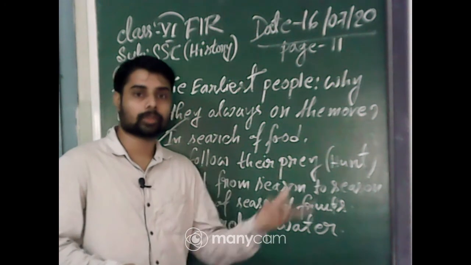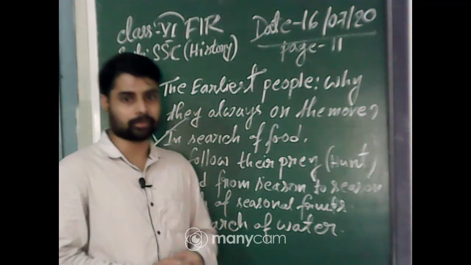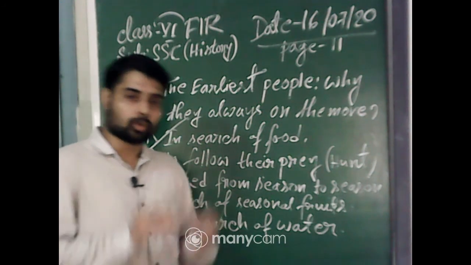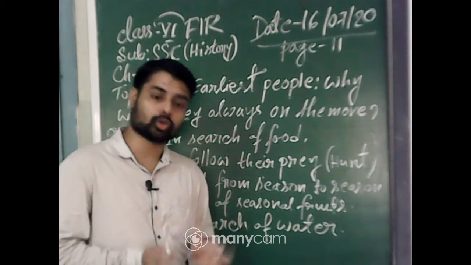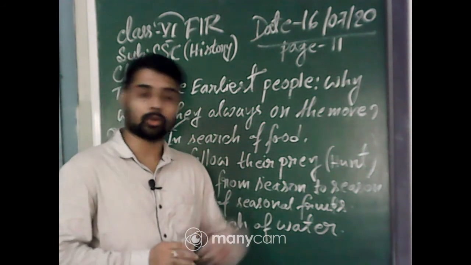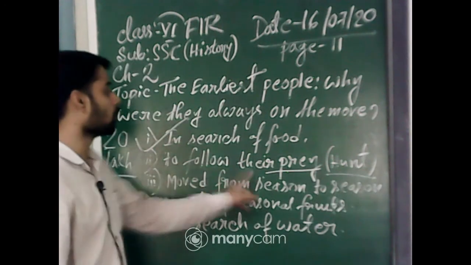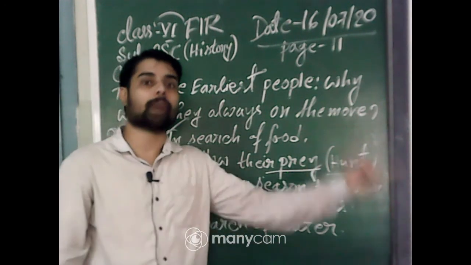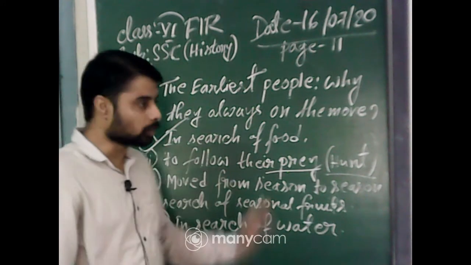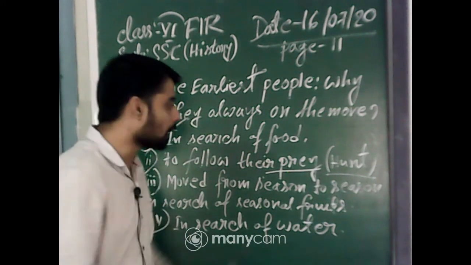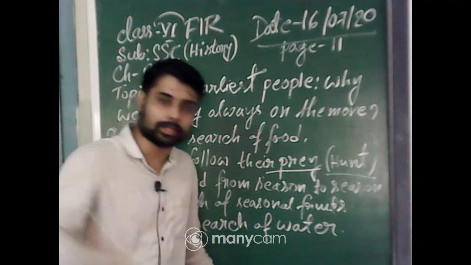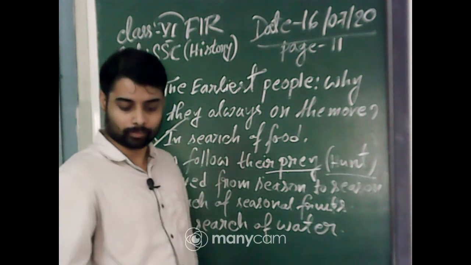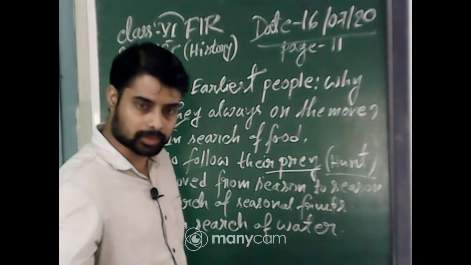So those hunters also followed their prey. Prey means hunt. They followed their prey and migrated to another place. In this way people moved from one place to another following their prey or their hunt. So this is the number 2 reason.